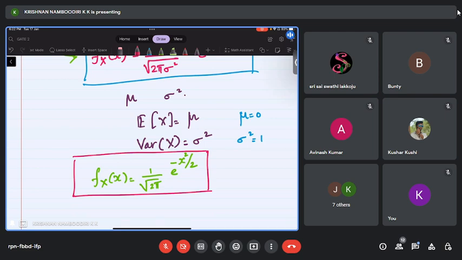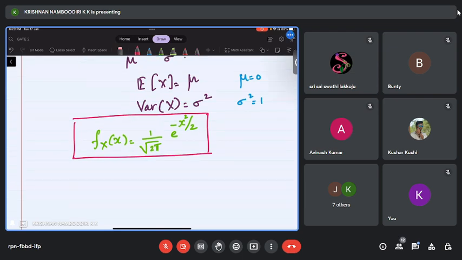One reason that most of you might have heard at least is the central limit theorem. If you add a lot of independent random variables, say you have plenty of random variables x1, x2, up to xn, and you sum them up, and assume that all these are independent random variables, this will tend to a Gaussian random variable.